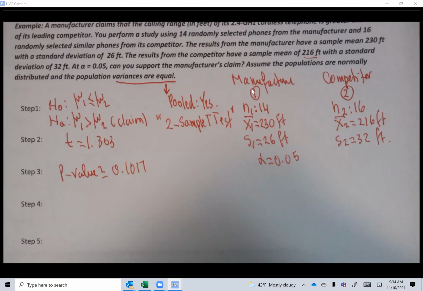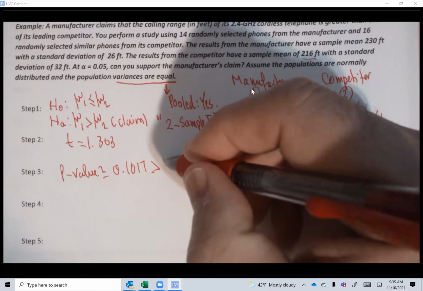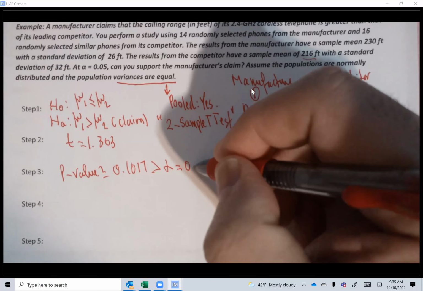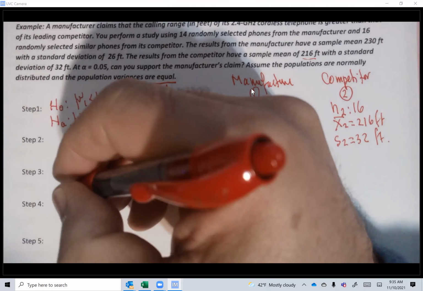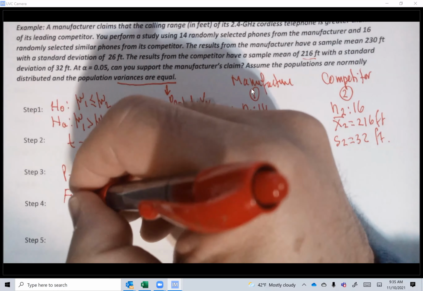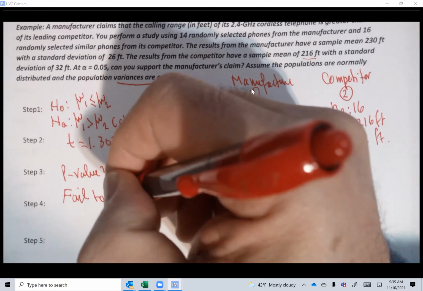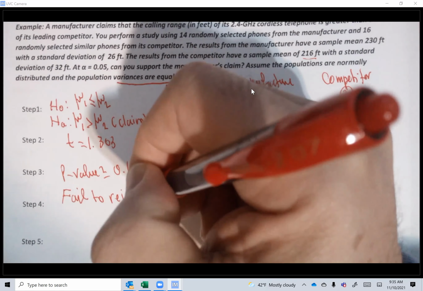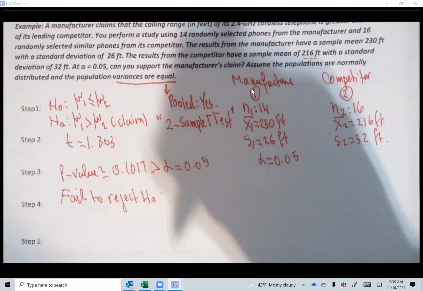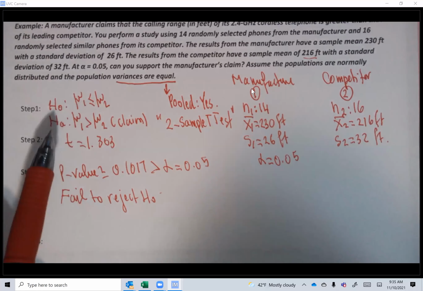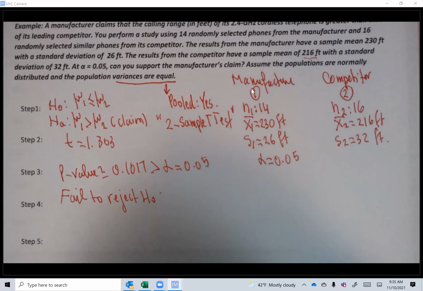Well, alpha is 5%, guys. 10% is more than 5%. So we fail to reject H0. And guys, we fail to reject H0. Since the claim is in HA, we'll have the same conclusion as the previous exercise.